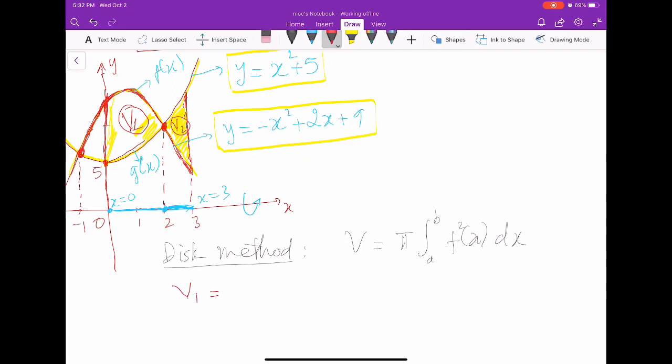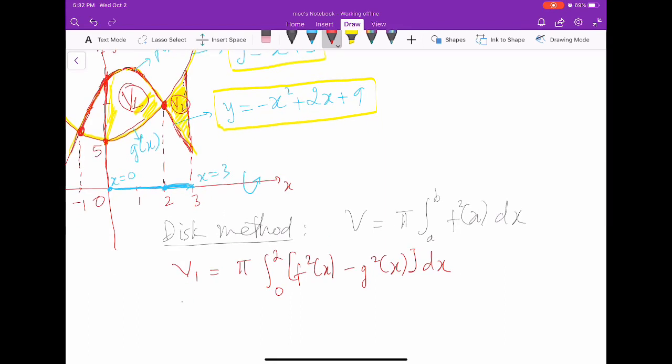So I have V1 equal to pi integral from 0 to 2, because the intersection right here is 2, of f squared of x minus g squared of x dx.